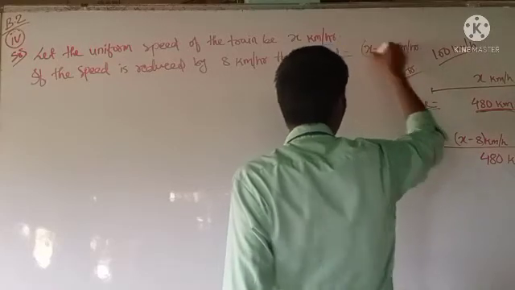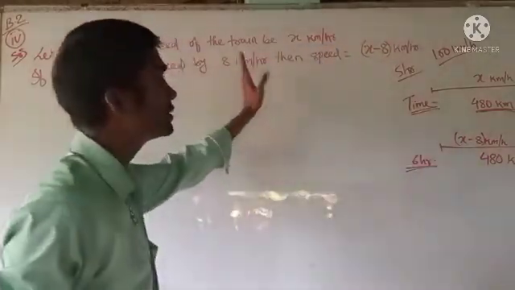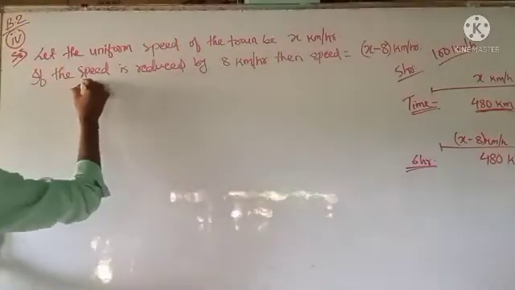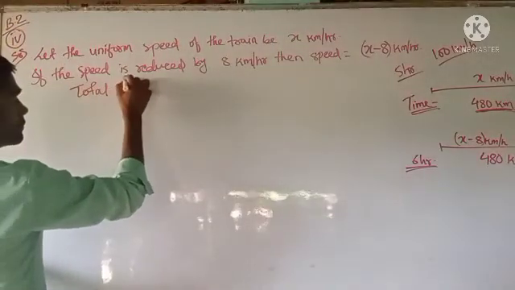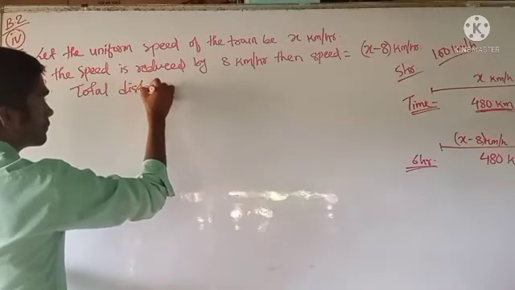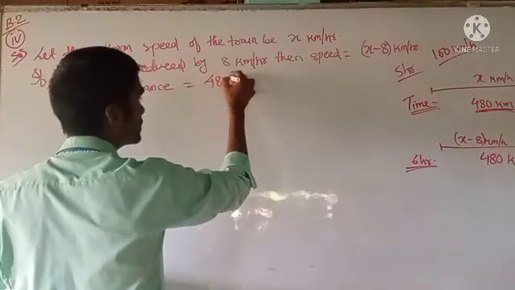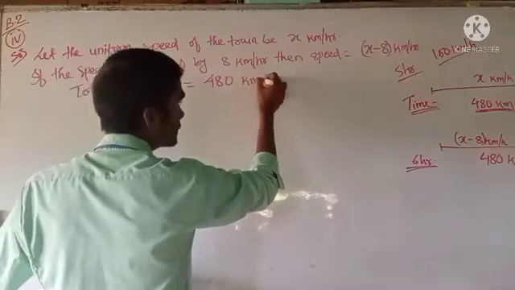That will be the speed after it reduces the speed by 8 km per hour. Now the total distance here is 480 km. That is the total distance.